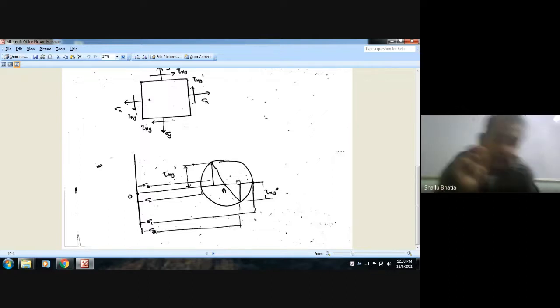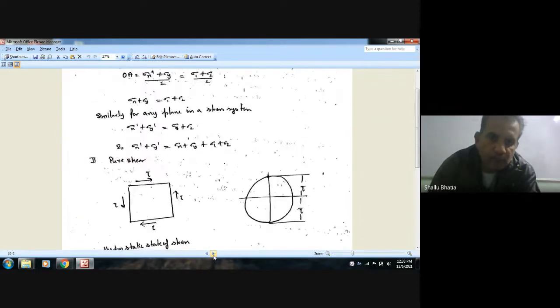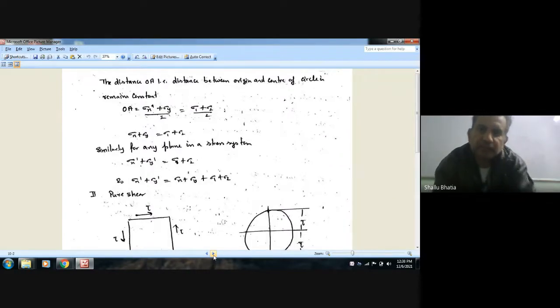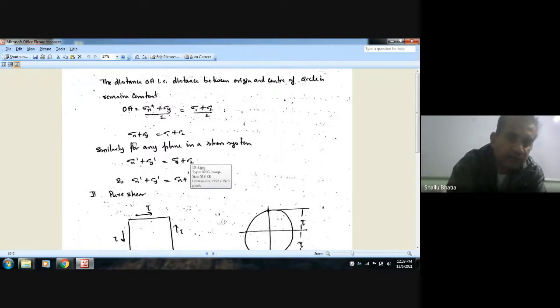The distance OA, the distance between the origin and the center of the circle, will remain constant. So OA is sigma x plus sigma y by 2, which is equal to sigma 1 plus sigma 2 by 2. So we can find that sigma x plus sigma y is equal to sigma 1 plus sigma 2.